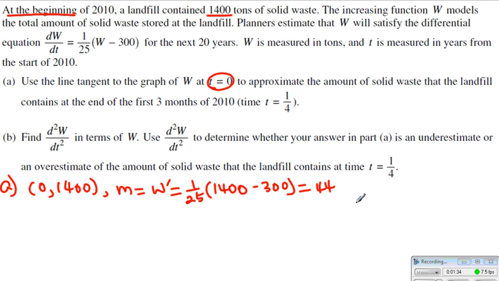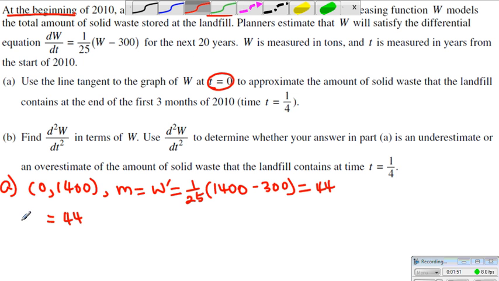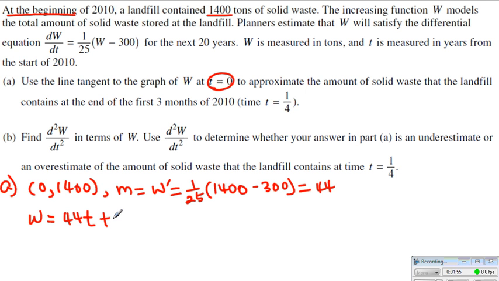By using that, we can figure out y equals 44. Instead of y, we should write w equals 44t plus 1,400. There is the equation of the tangent line.